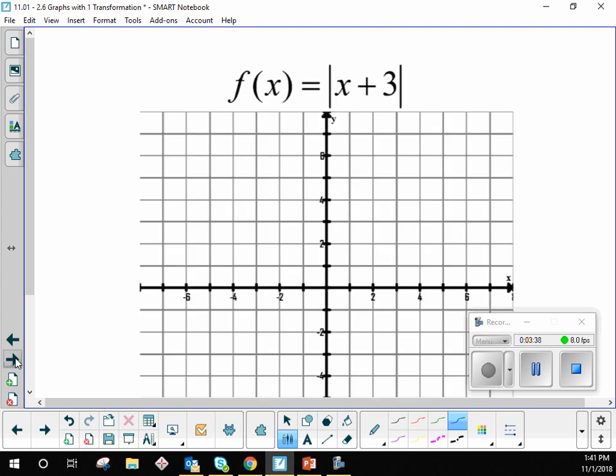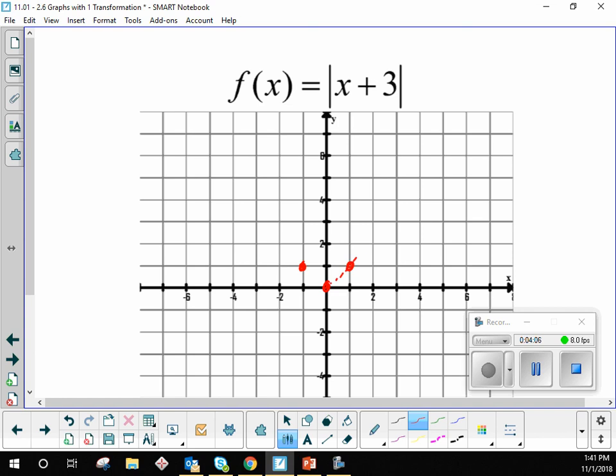So we have this example. This is the absolute value of x plus 3. What is the parent function for this? Absolute value of just x, right? So what I like to do is graph the parent function with just some dotted lines. So remember our pretty points from our booklet for absolute value: 0, 0, 1, 1, negative 1, 1.